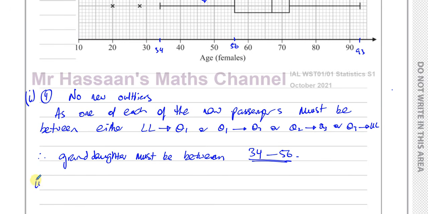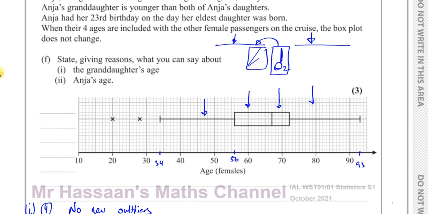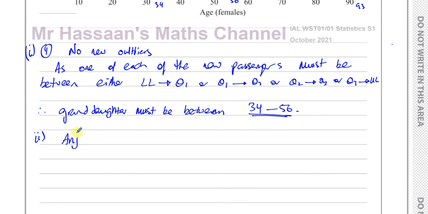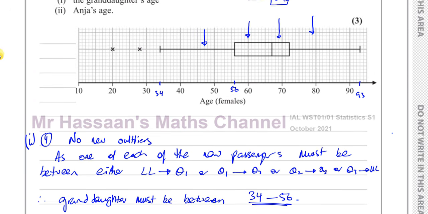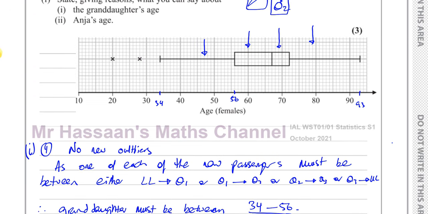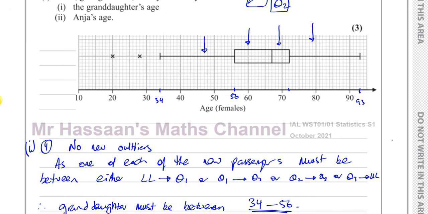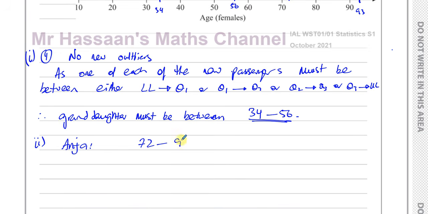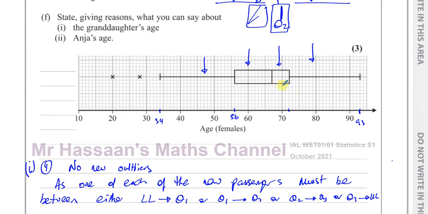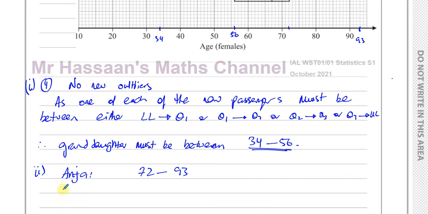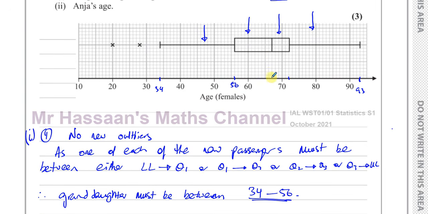And then part 2, we have to deduce the age of Anja, who's the grandmother basically. Now, Anja's age must be somewhere between 72 and 93. She can't be more than 93. Her eldest daughter must be between the ages of 67 and 72.